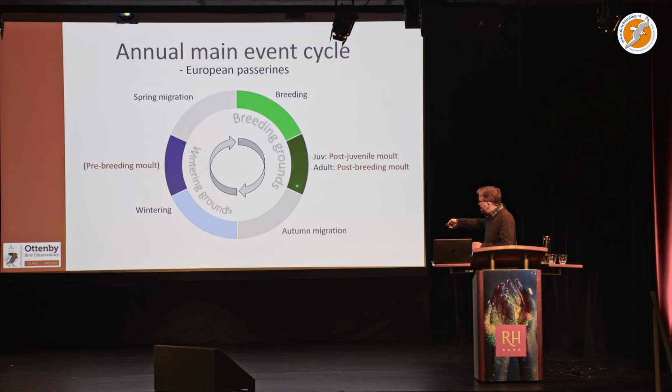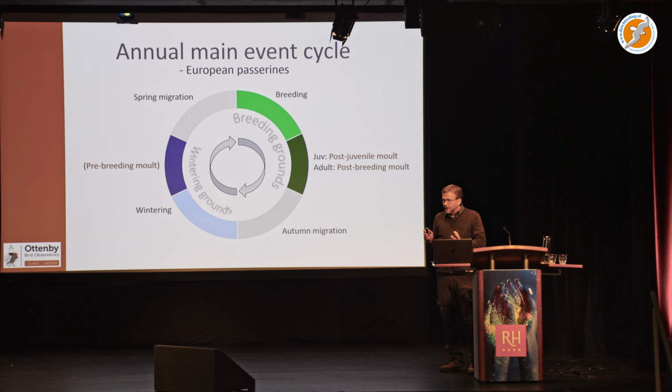Once the molt is finished, the bird initiates its autumn migration and disappears to the south. Some birds have a pre-breeding molt, that's why we have the brackets around it, because not all birds have it. During the winter, quite many tropical migrants also have a winter molt. But today we are primarily focusing on the molt during the late summer, the post-juvenile molt and the post-breeding molt.